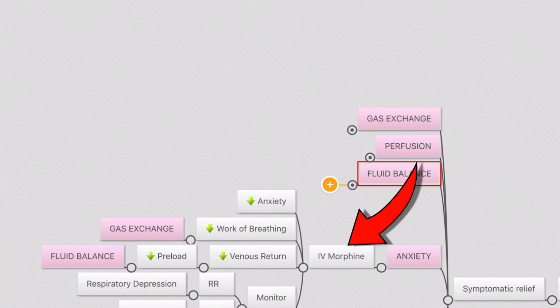That's going to help with reduction of anxiety. At the same time, we talk about decreased work of breathing to help with gas exchange. It also helps with a decrease in venous return, which helps with preload, and that's going to help with fluid balance. Obviously, when you give IV morphine, you want to monitor respiratory rate and blood pressure because it's going to drop both.